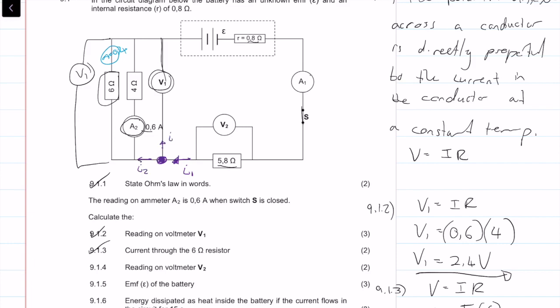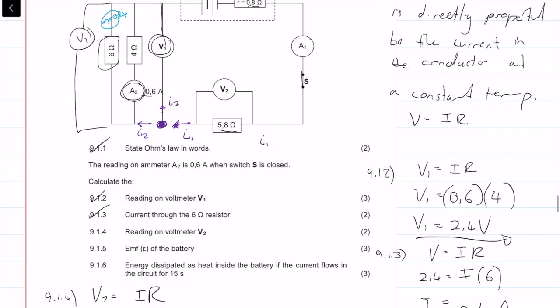The current is splitting according to Kirchhoff's current law, so I1 is equal to I2 plus I3. We know I2 and I3: it's 0.4 amps and 0.6 amps. So 0.4 plus 0.6 is equal to 1 amp, the current going through here.